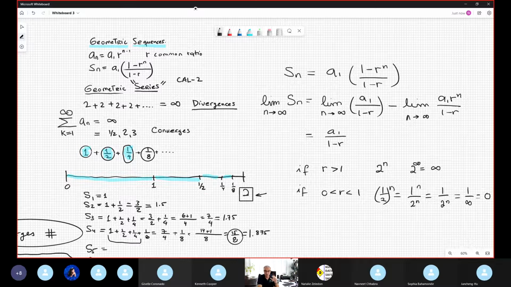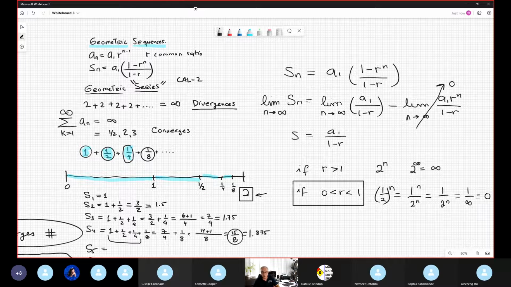Because if you divide 1 by a huge number, obviously the quotient is small, small, small, small. So under this consideration, where the common ratio is a fraction less than 1, that part is 0.